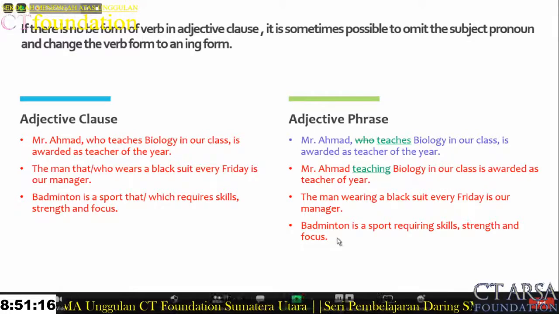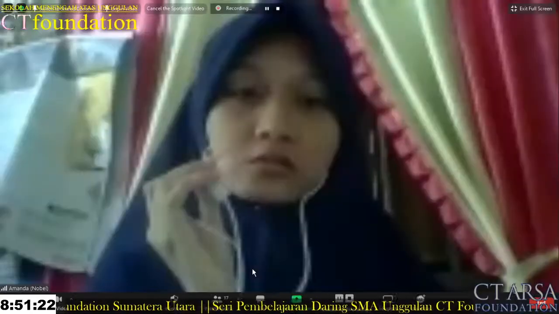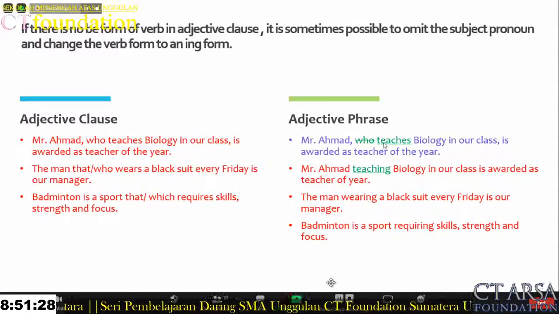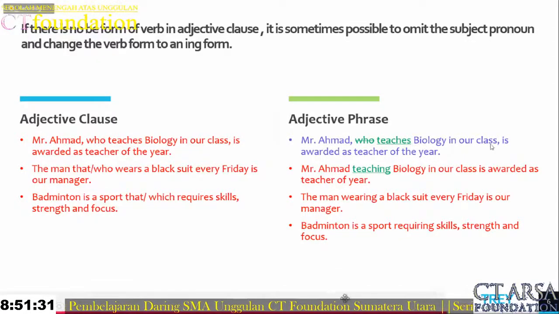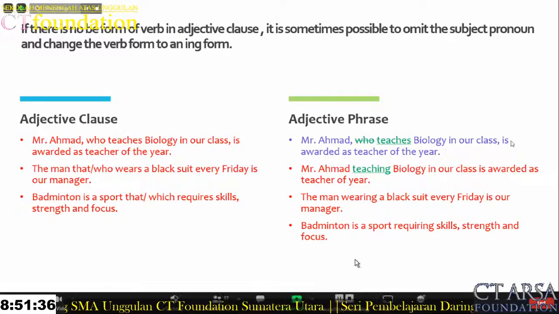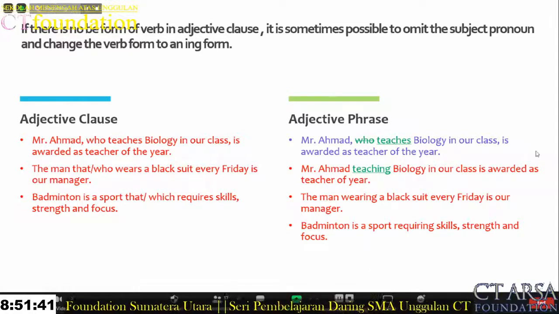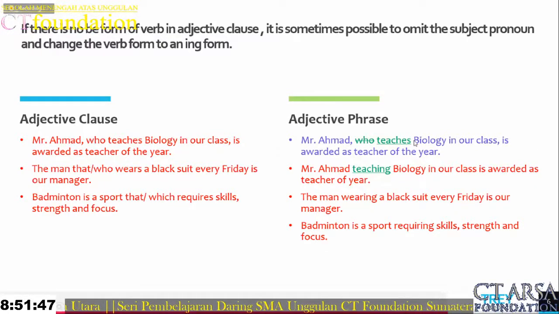So sir, doesn't it change the meaning of the first sentence? No, there is no change.